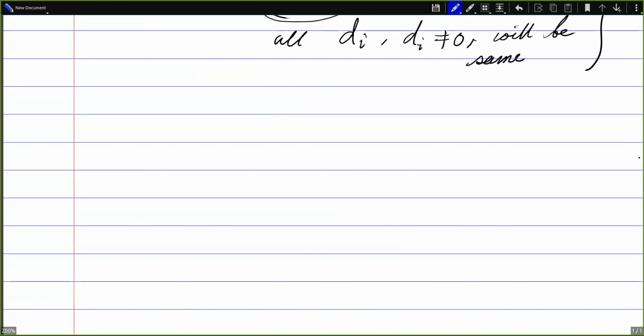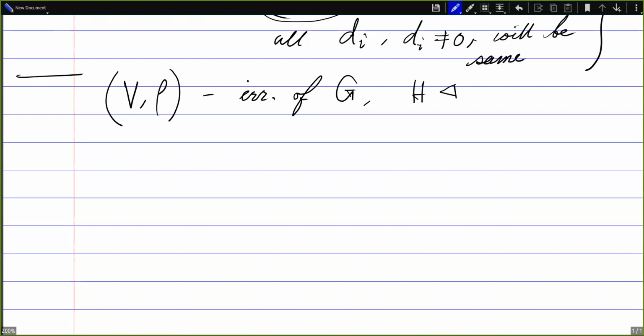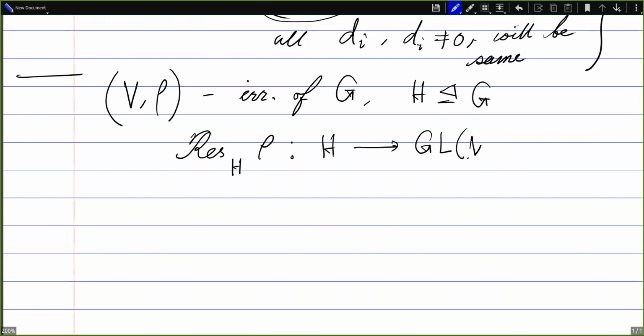We assume that (V, rho) is an irreducible representation of G, and H is normal in G. We will talk about the restriction of rho to H. This is a representation of H on the same vector space V.